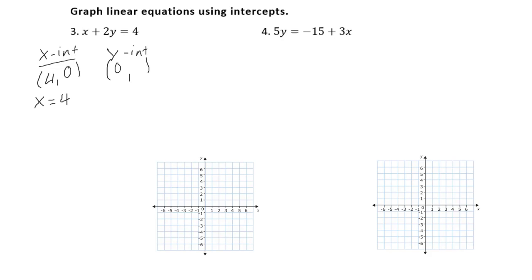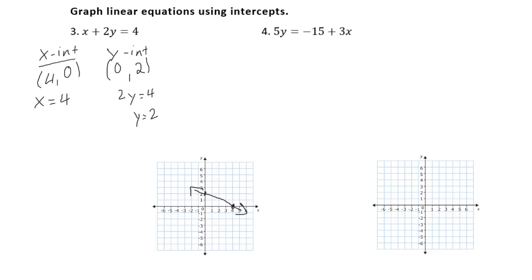Plug in 0 for x, you get 2y equals 4, so y equals 2. Okay, and so we can put those, got my x-intercept of (4, 0) right there, and my y-intercept of (0, 2), and then I will be able to draw my line.